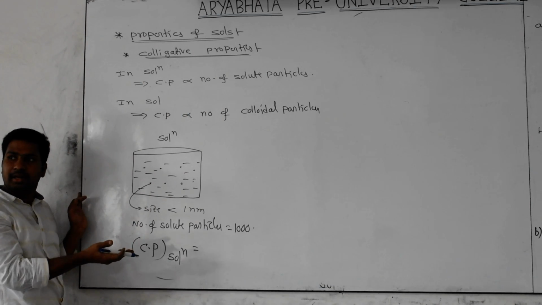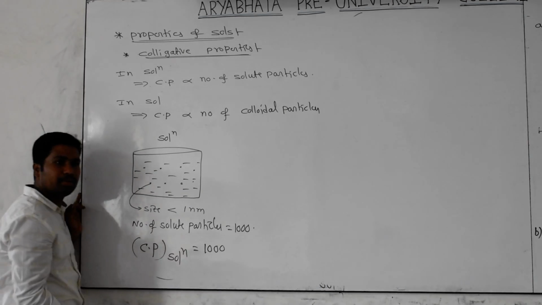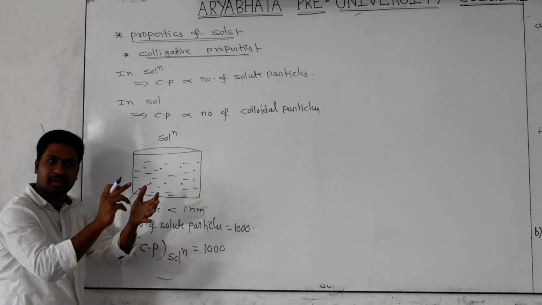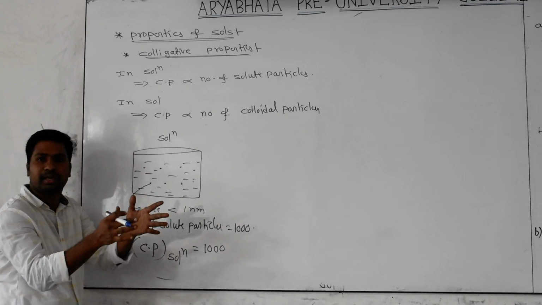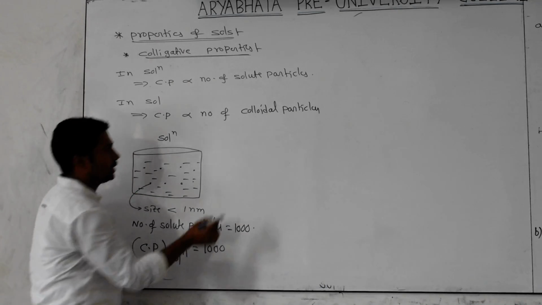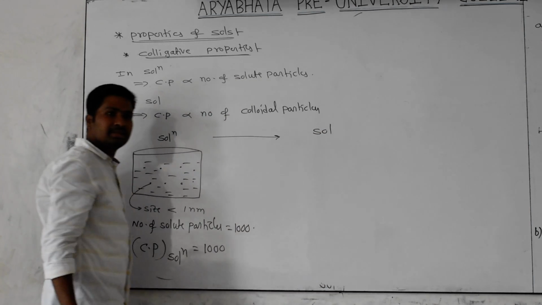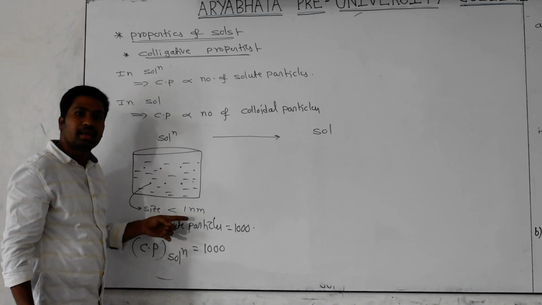There are 1000 particles. Related to that, we get a quantity of approximately 1000, for example. Because 1000 particles are there, that quantity, whether relative lowering of vapor pressure, elevation of boiling point, depression of freezing point, or osmotic pressure, whatever you take, becomes around 1000. Now the solution is becoming so large. What happens? The number of particles will definitely change. Why?